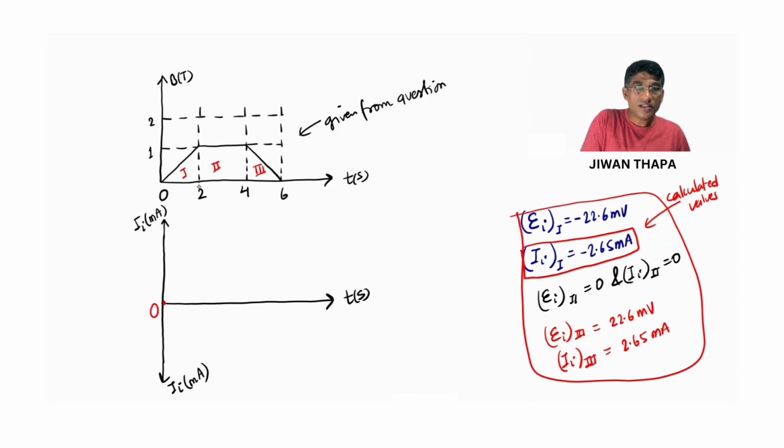So for the interval 0 to 2 seconds, induced current is negative and it has value minus 2.65 milliampere. So let me use this ink.